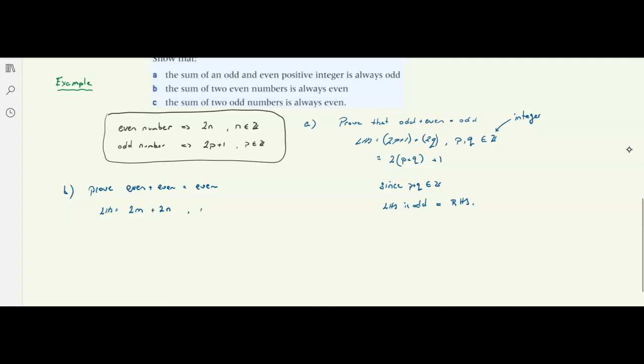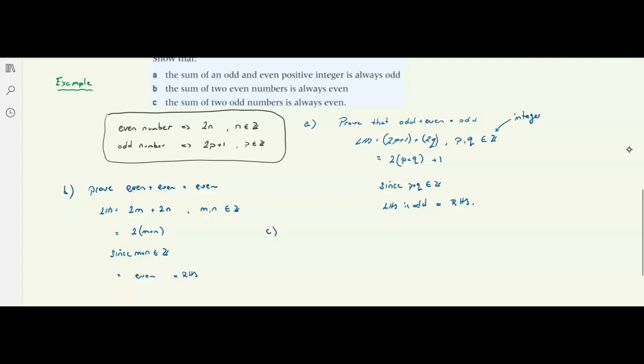I'll note here that m and n are integers, stating the obvious, but we have to. Now this can be grouped to 2(m plus n), and since m plus n is an integer, it's equal to an even number, which is what we've got on the right-hand side.